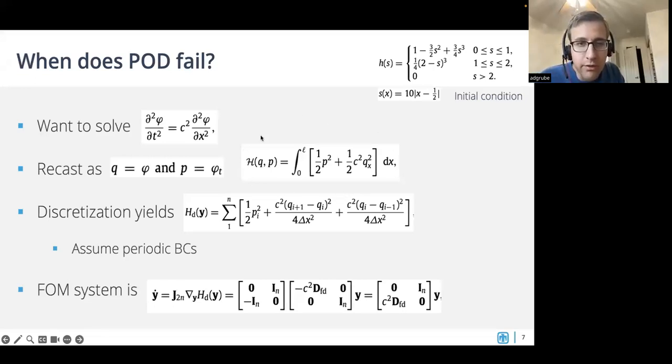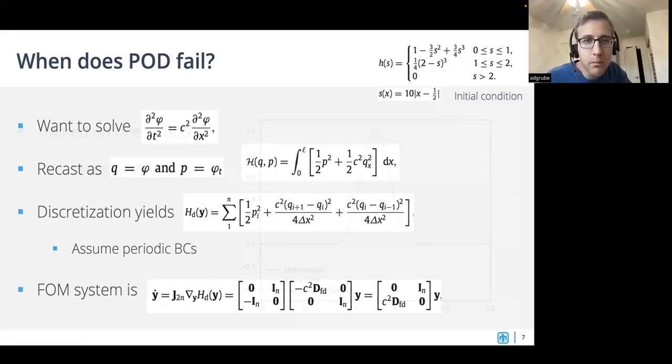What you can show is that this should preserve, in the continuous sense, a Hamiltonian that looks like this, and after some semi-discretization, it should preserve a discrete Hamiltonian that looks like this. So when I write my full order system, it's just a simple linear system. It looks like this: a skew symmetric symplectic matrix multiplying the gradient of my Hamiltonian function. This is what I mean by Hamiltonian form.